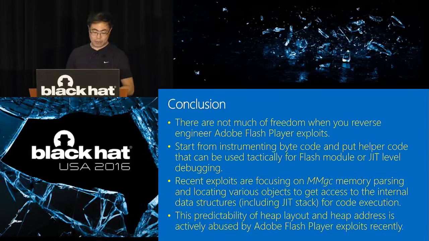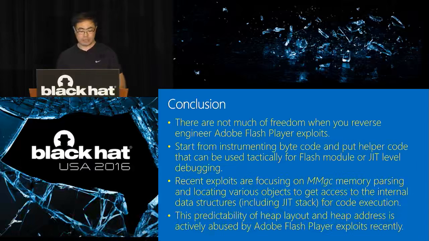The other point is that recent exploits are focusing on MMgc. The memory manager is the current target, and it is used to get access to the JIT level, because JIT is actually managed by the MMgc. That is what the bad guys are working on right now.